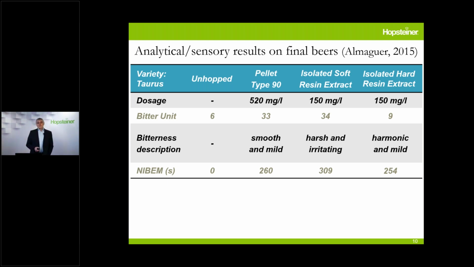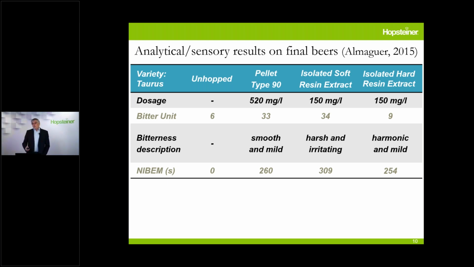And then the bitterness description. Unhopped beer is not bitter at all, and the pellet type 90 beer showed a smooth and mild bitterness. Whereas the bitterness resulting from the isolated soft resin extract was described as harsh and irritating. But the bitterness coming from the hard resin extract was described as harmonic and mild.